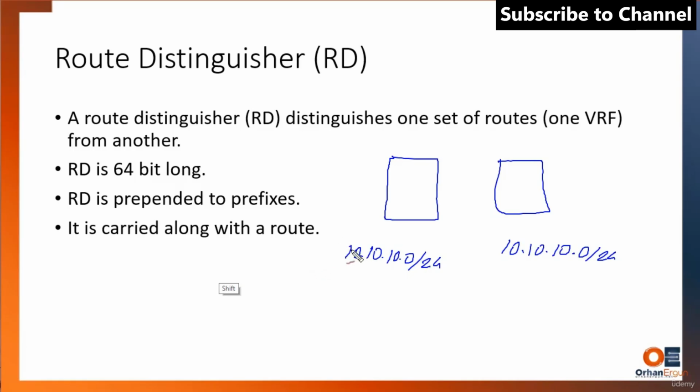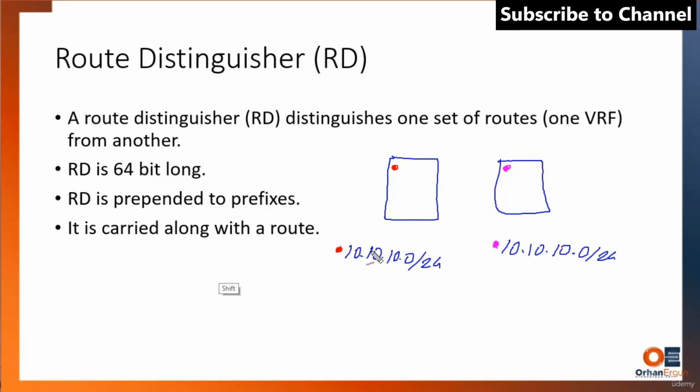Let's say it is like a color. I'm going to add a tag in front of this. Let's say that this is for this routing table because it has a red label on that. And this one has a magenta label on that. I have colored the routes, so each one belongs to one of these routing tables.